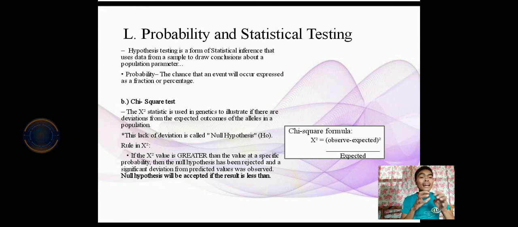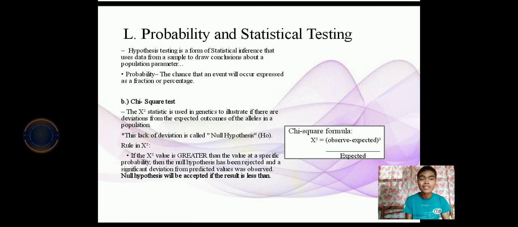Therefore, kung matapos nating isolve ang chi-square na yon, matapos nating isolve yung mga classes, yung observed and expected variables natin, kapag ang resulta is mas malaki doon sa expected value natin, meaning the null hypothesis should be rejected. If maliit ang resulta natin sa pag-solve natin, means the null hypothesis will be accepted.